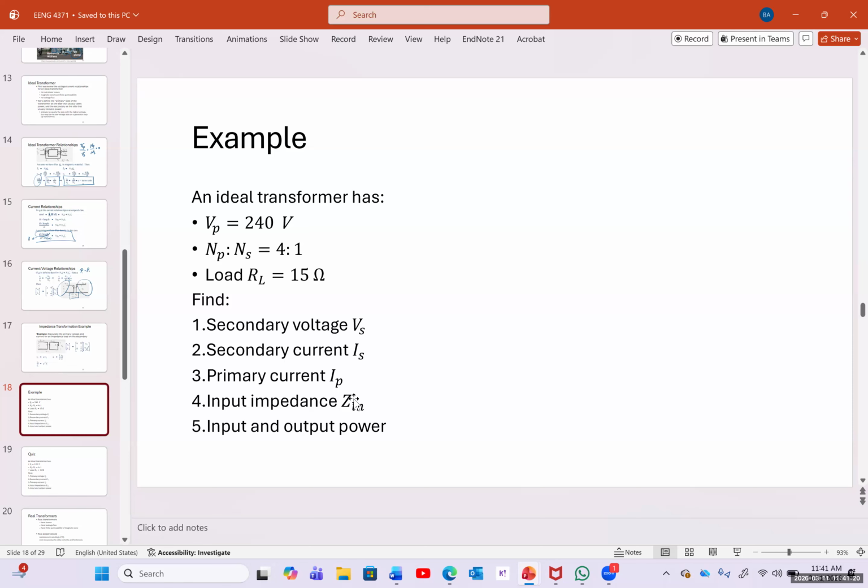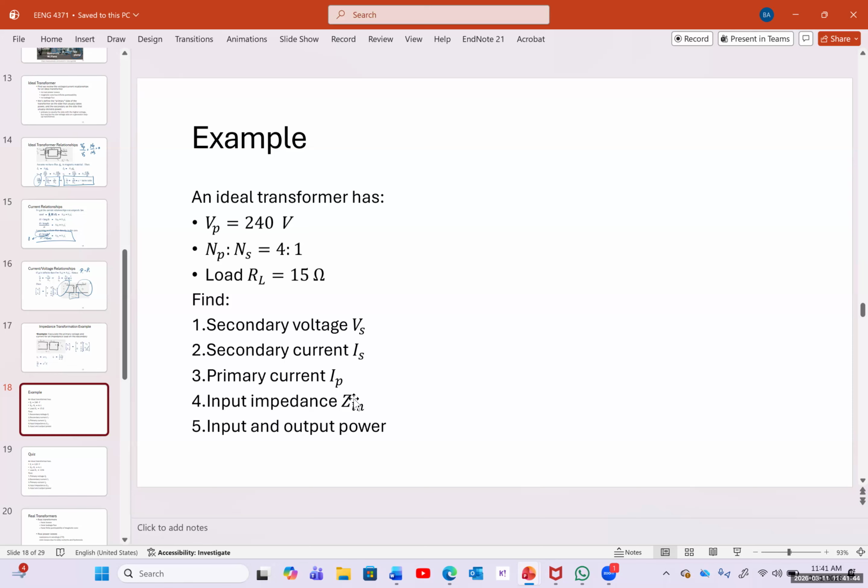We want to find the secondary voltage Vs, the secondary current Is, the primary current Ip, the input impedance Zin, and finally the input and output power.